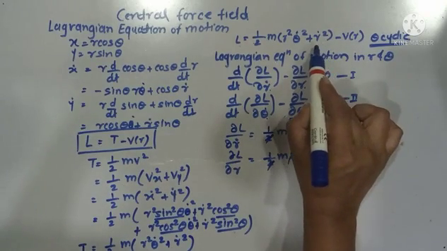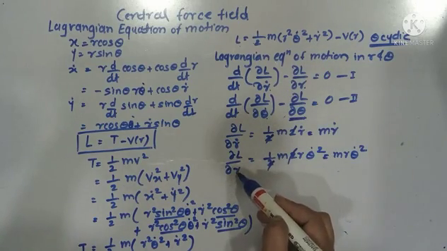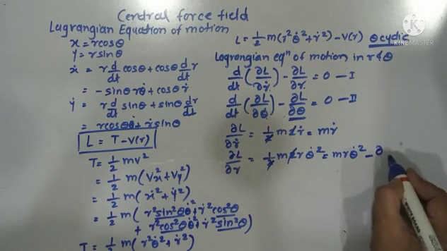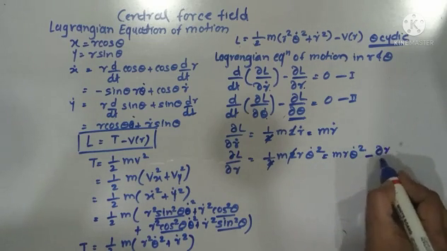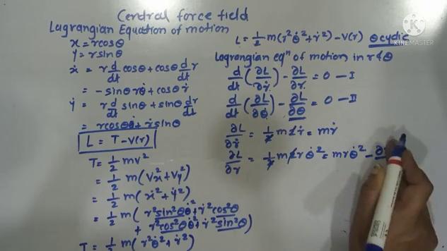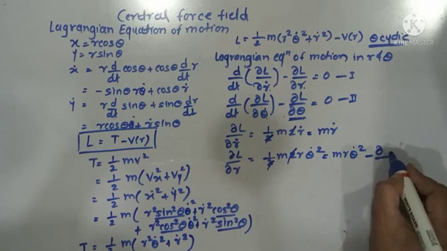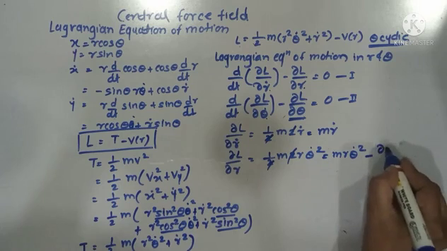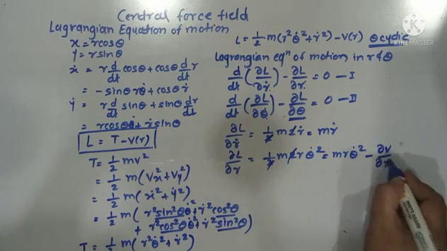The r dot square term with dou r will become 0, and minus dou V upon dou r.